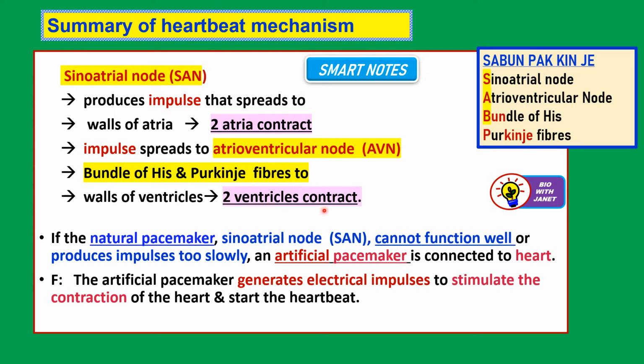So the two ventricles then contract. Now, if the natural pacemaker, the sinoatrial node, cannot function well or produces impulses too slowly, an artificial pacemaker is connected to the heart. This artificial pacemaker generates electrical impulses to stimulate the contraction of the heart and start the heartbeat. So basically, the artificial pacemaker takes over the role of the natural pacemaker.